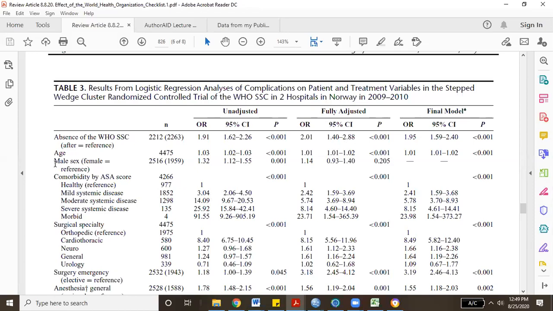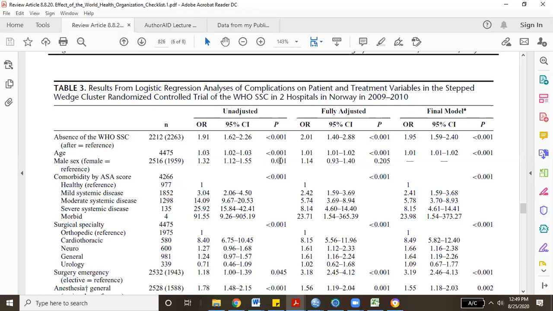The second one is the sex. As you can see here, it shows that male patients have more complications. You see, male patients have more complications. See, how many? 1.32. Are you seeing it?